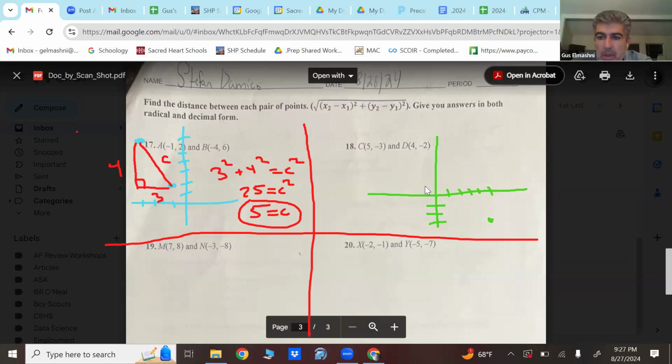Yeah, it's just plot the points. That's all. All right, so we're gonna put 4, -2 right here, and 5, 3, which is pretty close together.